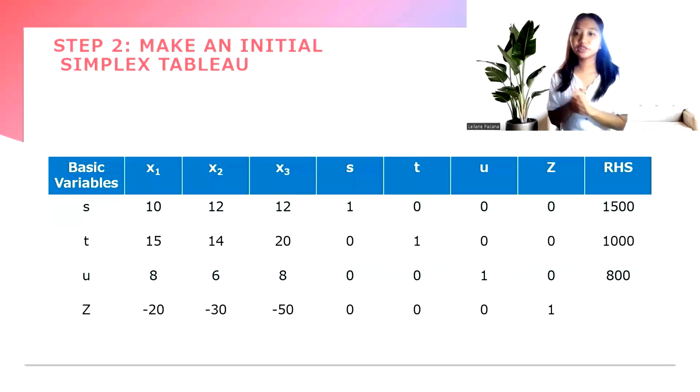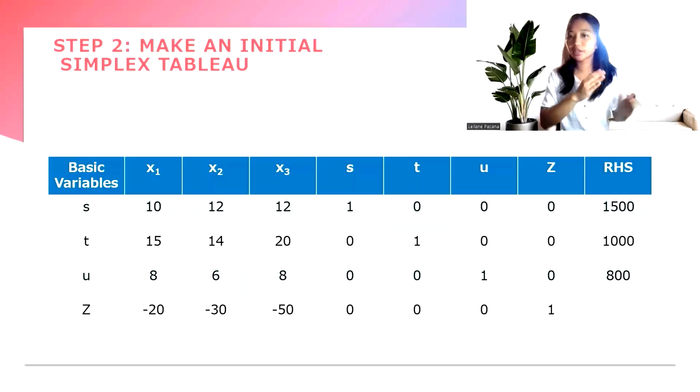So just put 0. For our second constraint, of course, we have 15, 14, 20, 0 as our first slack variable. We don't have that, but we have the second slack variable for this constraint. So let's put 1, 0 for the third slack variable, and 0 for our profit. And it is, of course, equal to 1,000.